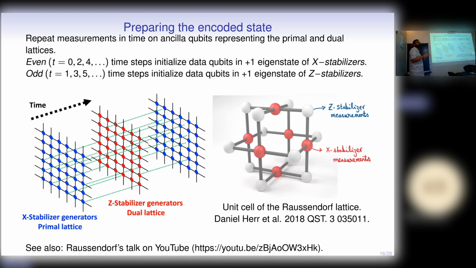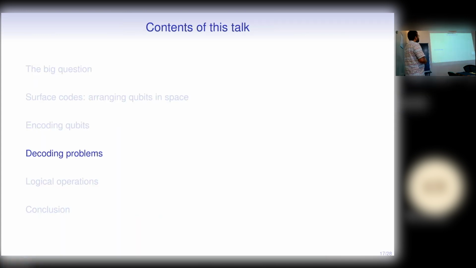At the end, after some time, you will have the +1 eigenstate of all the stabilizers. Therefore, you encode information. You prepare an encoded state. This was proposed by Raussendorf, and the 3D lattice you get is called the Raussendorf lattice. Okay, so that was a quick precursor on how encoding is done.